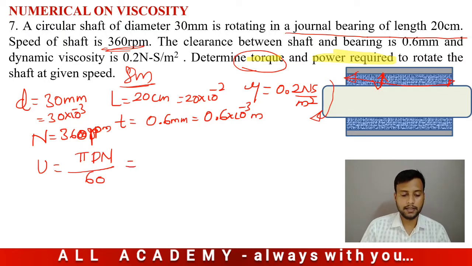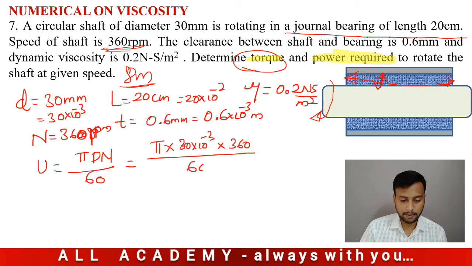Pi d n by 60, where pi is a constant, 3.14, d is the diameter of the shaft, n is the rpm of the shaft, and 60 is a unit conversion. So it is pi into diameter 30 into 10 raised to minus 3 into n, 3600, divided by 60. If you simplify this, you will get u is equal to approximately 5.654 meters per second.